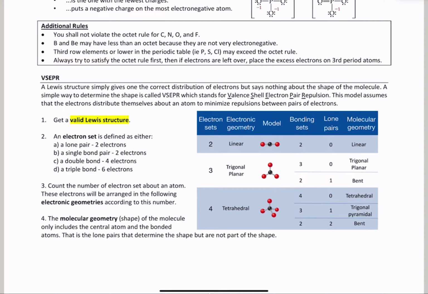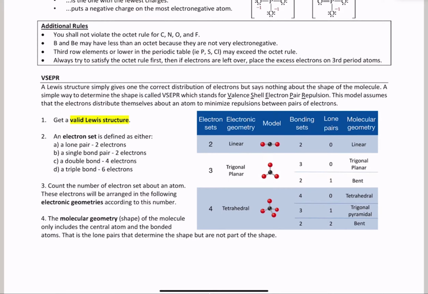a technique called VSEPR theory, which stands for valence shell electron pair repulsion. What this model assumes is that the electrons distribute themselves about an atom in order to minimize the repulsions between pairs of electrons. Okay, so what do we have here? If you look at this table, your first step is to get a valid Lewis structure.